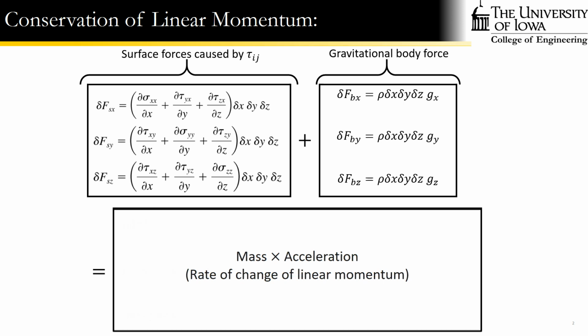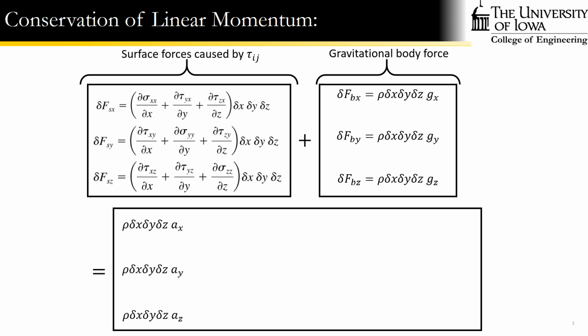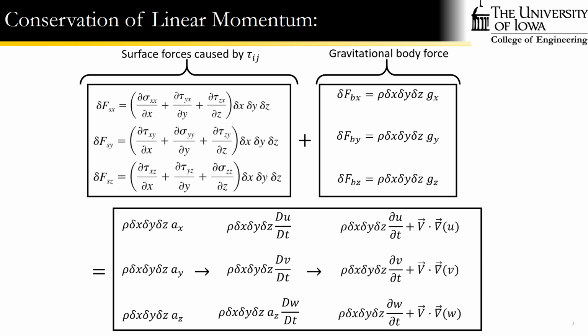And then summing those together, we should get rho times the volume, so the mass, times the acceleration in x, y, z. Remember we said the acceleration of a particle can be written as the material derivative, capital D u D t, D v D t, or D w D t.